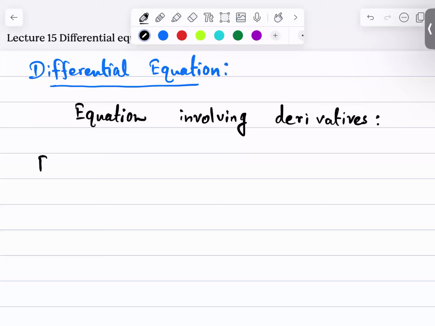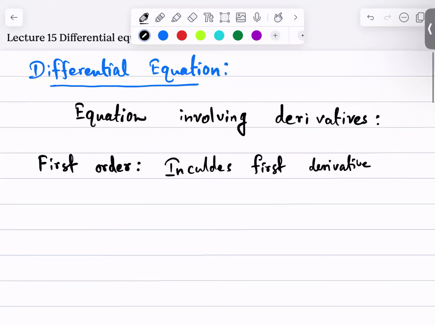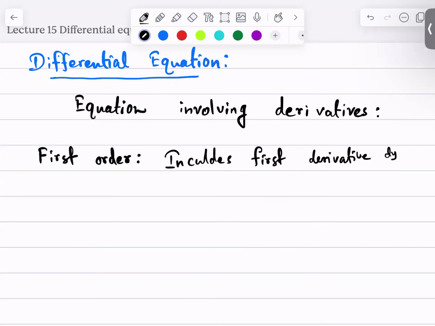For example, we have first order differential equation, where the equation includes the first derivative. We denote it by dy over dx or y prime.